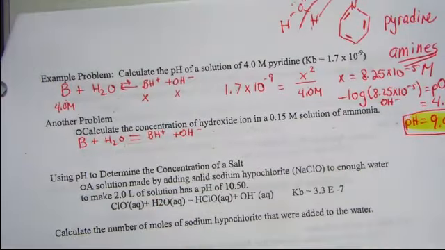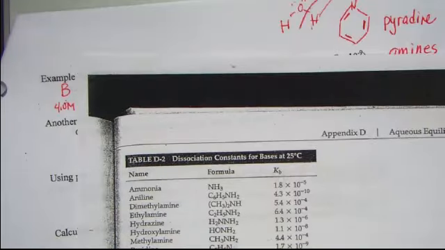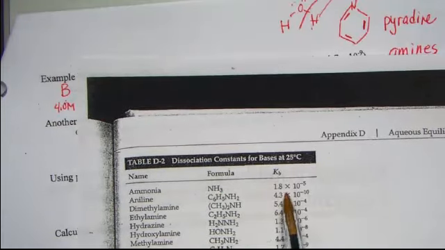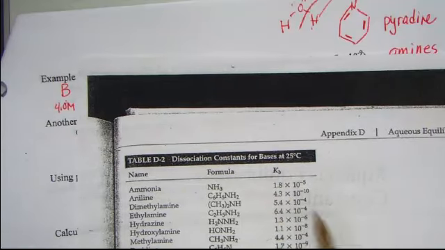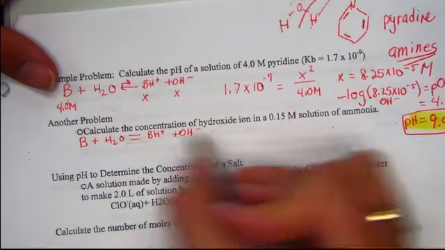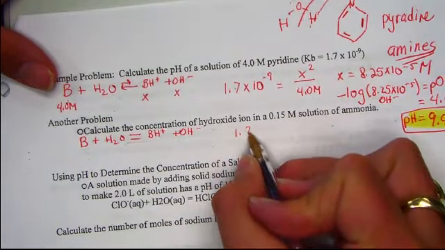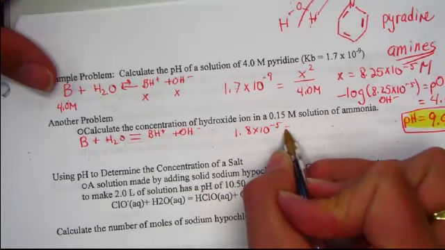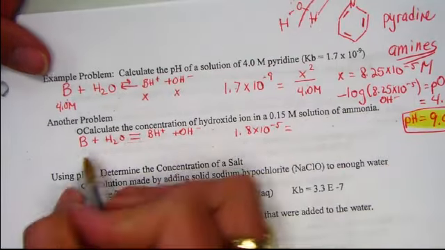Ammonia Kb, they're not giving me, so I have to pull out my appendix D here and find ammonia. Ammonia Kb, 1.8 times 10 to the negative 5th. Not provided this time, so we had to look it up.